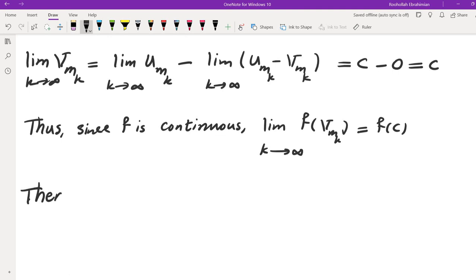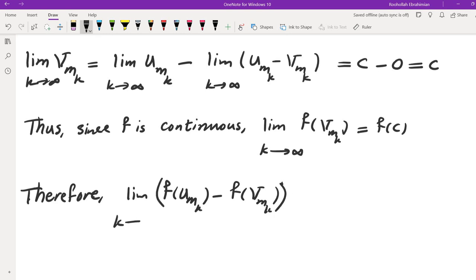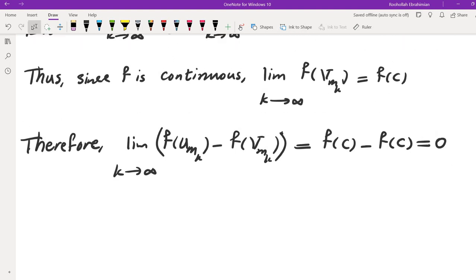Therefore, the limit of f of u m k minus f of v m k as k approaches infinity is equal to, the first one approaches f of c, the second one also approaches f of c, and that's 0.